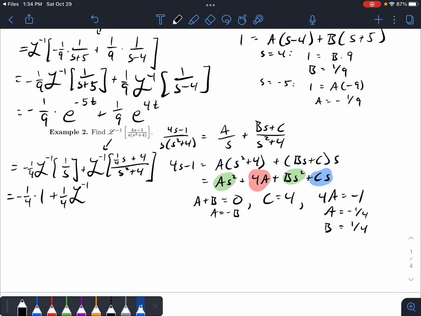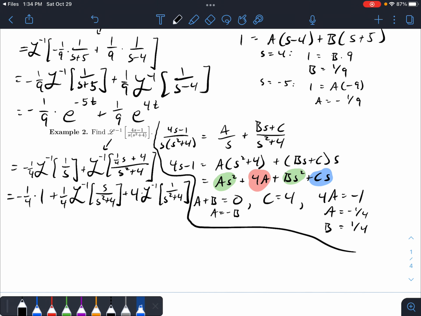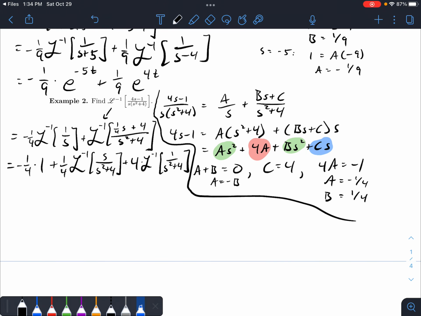And then plus the inverse Laplace of this, which is 1/4 times s over s squared plus 4, that gives me the first term, and then plus 4 over s squared plus 4. And I can pull out that 4 and get this. Okay, cool.